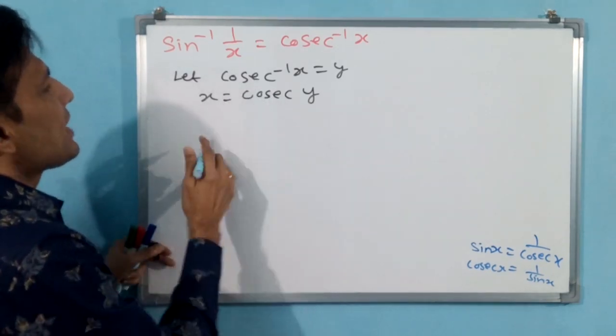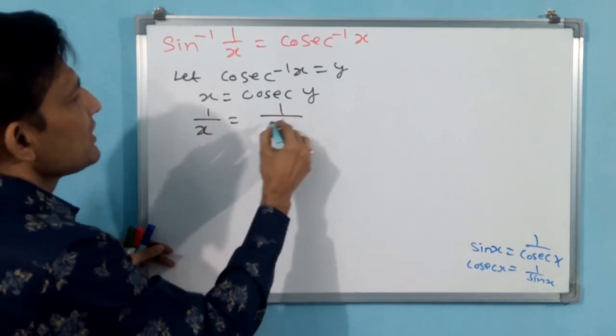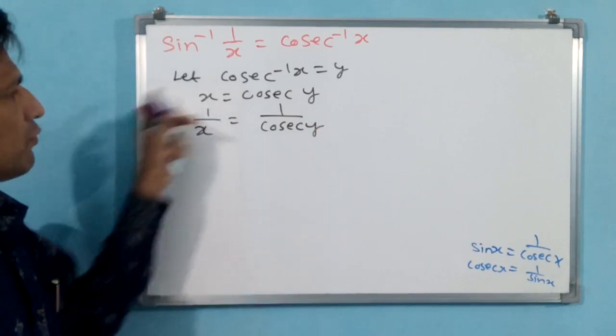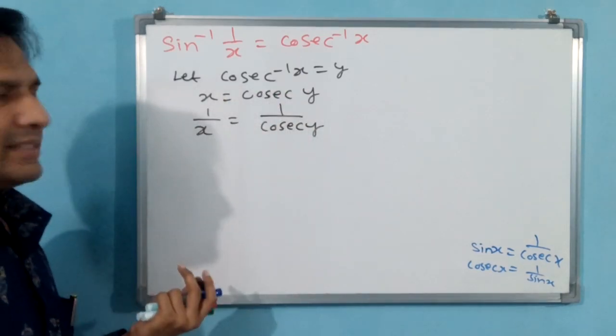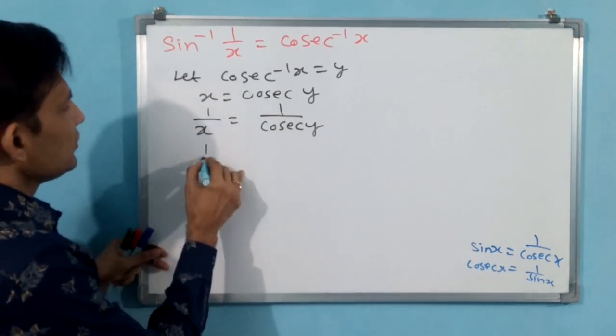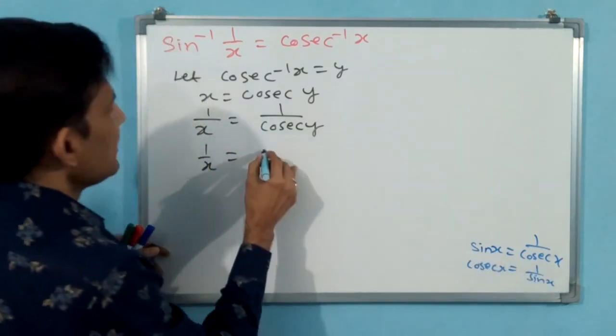Okay. Now what am I going to do? 1 by x is equal to 1 by cosecant y. Shall I write? Because I have made both sides like this, 1 by x, 1 by cosecant y. But I also know that 1 by cosecant y is sin y.